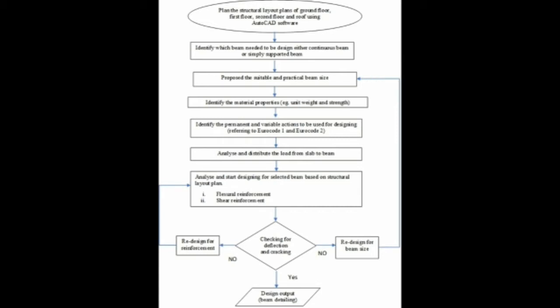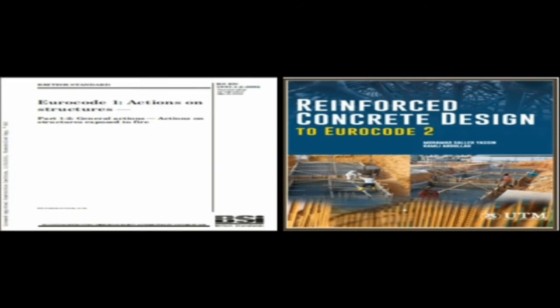For the third step, we identify the material property, which is unit weight and strength. For the next step, we should identify the permanent and variable action to be used for designing, referring to Eurocode 1 and Eurocode 2.